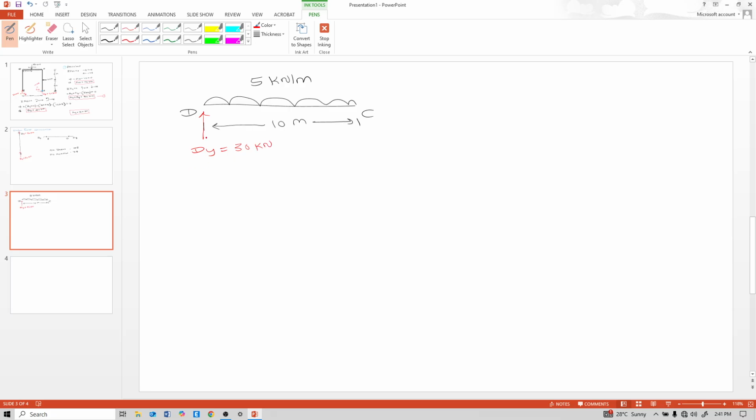Now calculate shear. Shear force calculation. So again draw this DC beam. This Dy goes upward, Dy reaction, so it is 30 kilonewton.